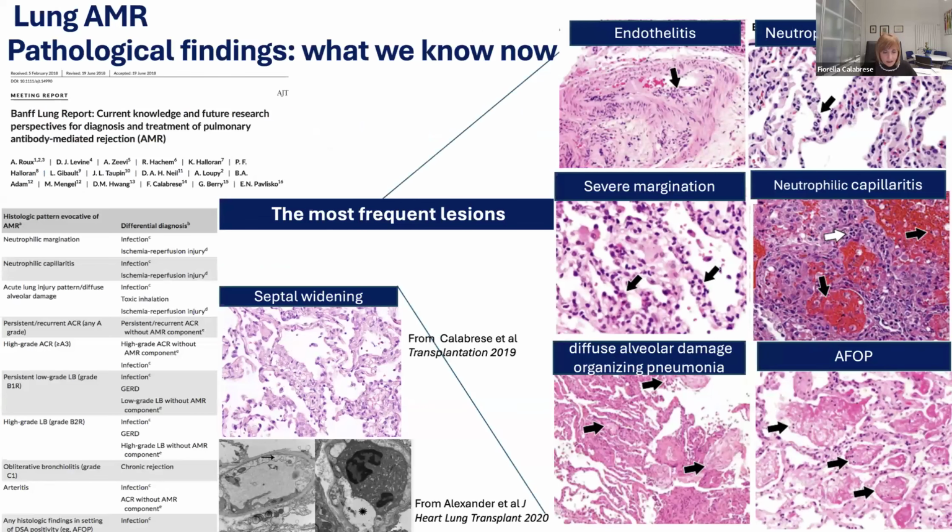So septal widening is one of the suggestive lesions, along with other more frequent lesions, nicely arranged in this image panel of the 2018 Banff report.